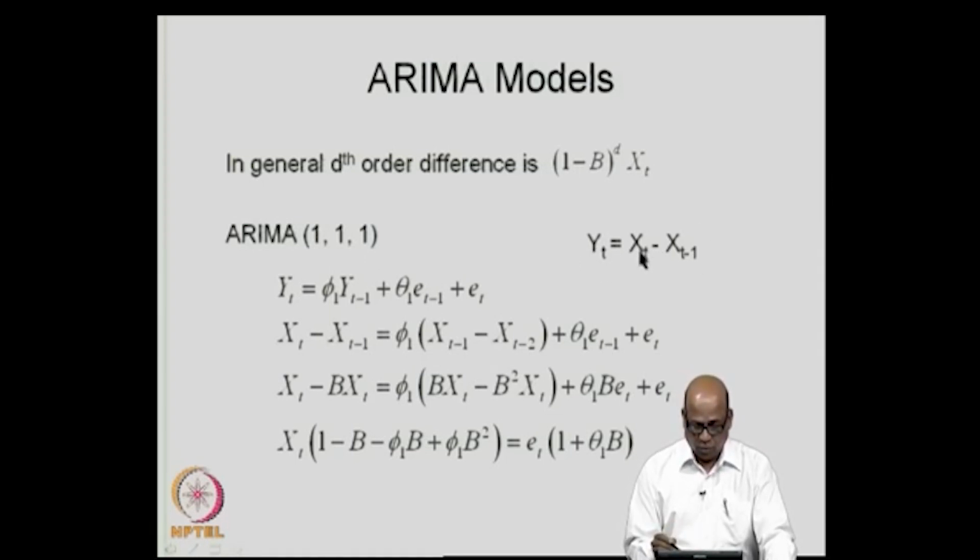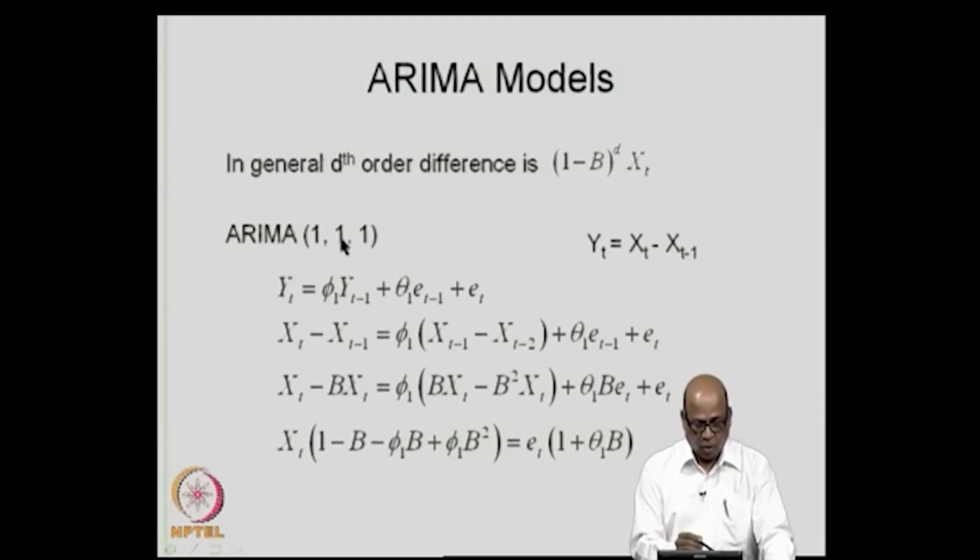So, I write y t is equal to x t minus x t minus 1 and then write an ARIMA model with one AR term and one MA term. So, on y t I write this as y t is equal to phi 1 y t minus 1 plus theta 1 E t minus 1 plus E t. So, you have one AR parameter and one MA parameter plus the noise term here, and you are writing it on the difference series y t, and this difference order is 1 here.